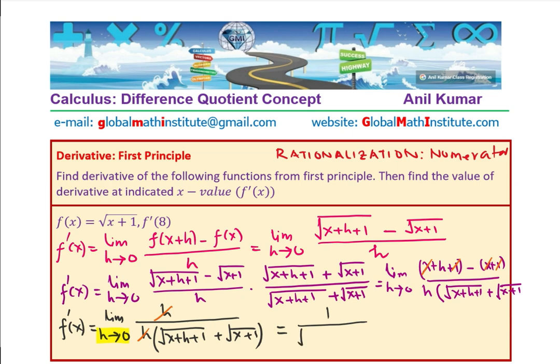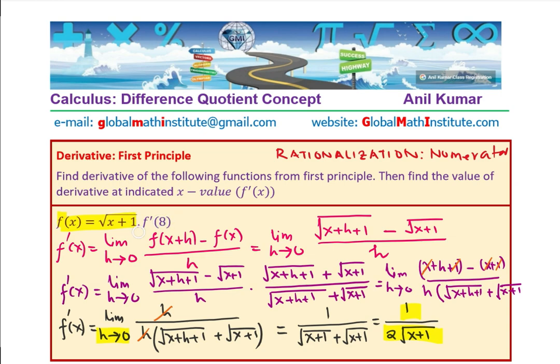Square root of x plus 1 plus square root of x plus 1, correct? So now we have an expression for the derivative of the given function, right? This is a general expression, 1 over 2 square root of x plus 1. So that becomes the derivative for this function, right? You get the idea.